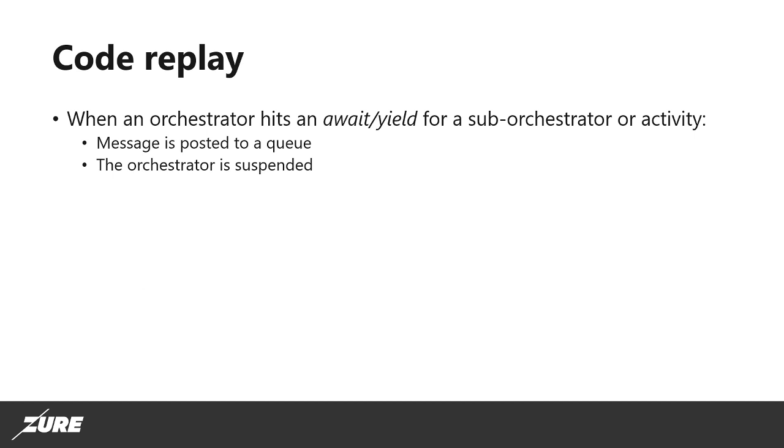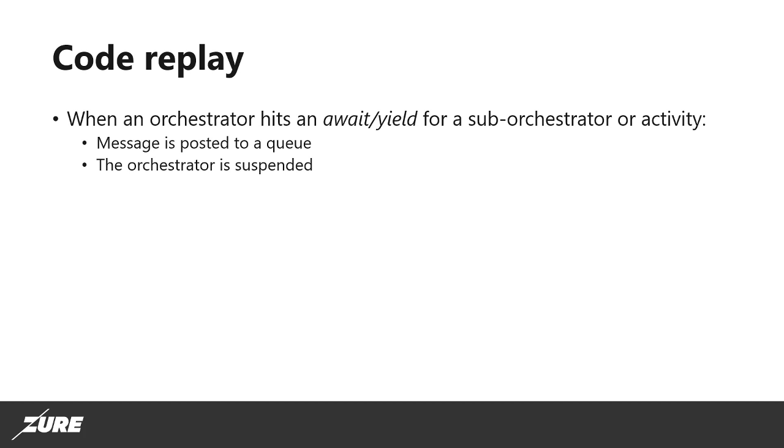So when you have your orchestrator function running, when the code execution hits a call for a sub-orchestrator or activity, and you await in C# or yield in JavaScript that call, there will be a message posted to a queue in the background that is going to trigger that sub-orchestrator or activity, and that orchestrator function will be suspended.